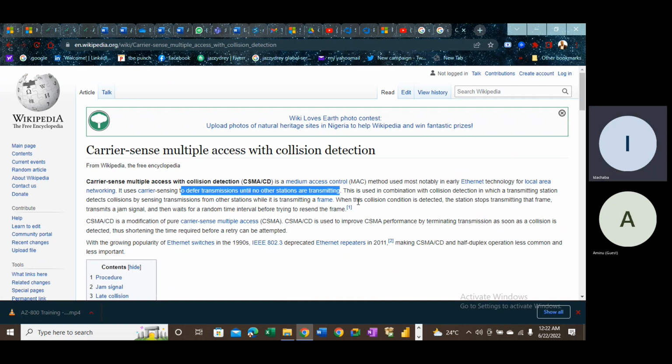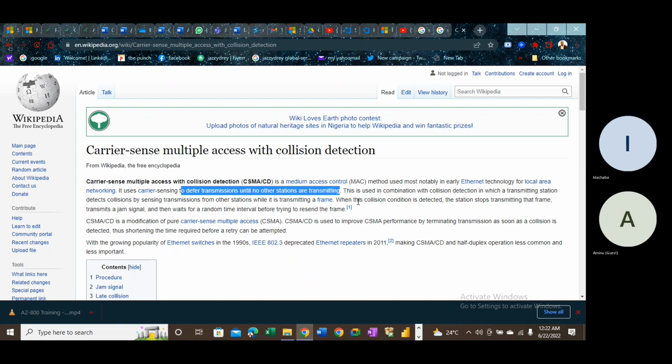So this is used in combination with collision detection. The CSMA, carrier sense multiple access, is combined with another technology called collision detection.